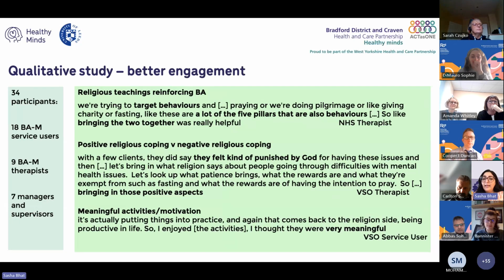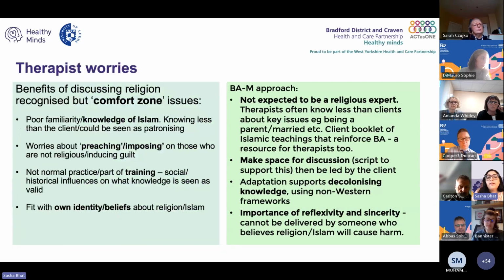The qualitative element of that was very much about how the religious teachings enabled the therapists to target behaviours, to think about conversation and how they brought together people's behaviours and things that they wanted to change with their faith, using really positive coping mechanisms, and how that interaction was much more meaningful for people.